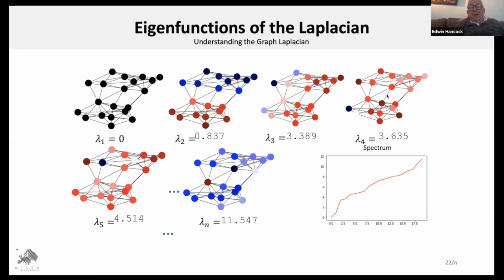And then we have different patterns emerging as we look at the eigenfunctions associated with increasing eigenvalues. So the Fiedler vector is associated with a solution that minimizes the cut between the two sets of nodes.